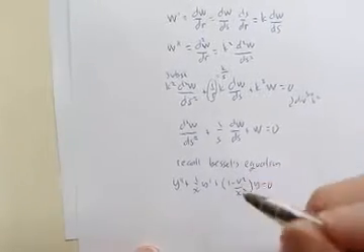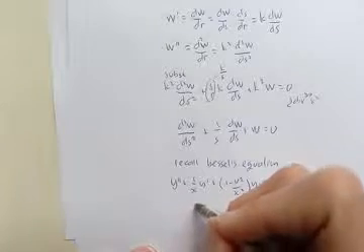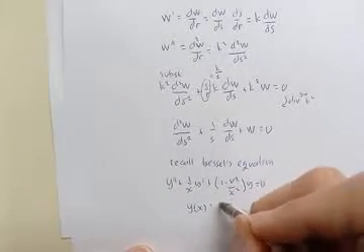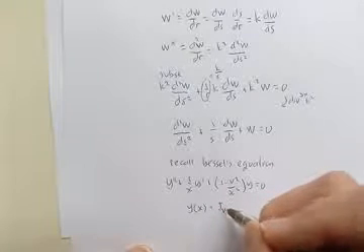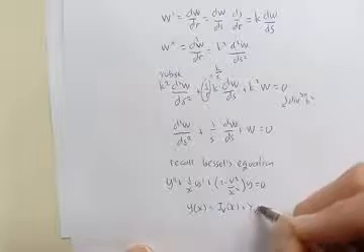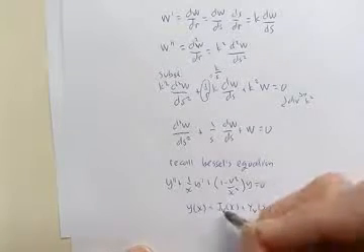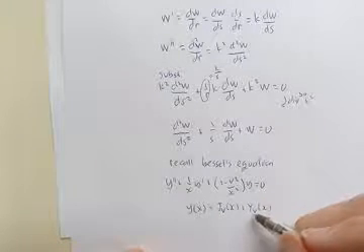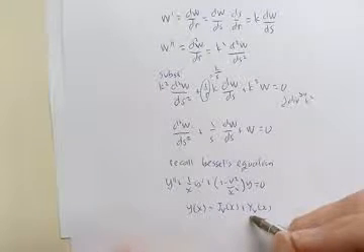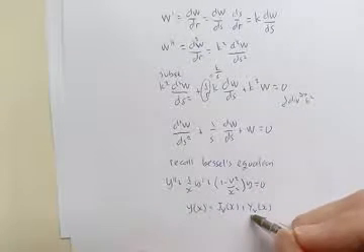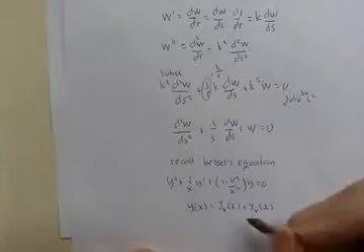With this equation, we'll have the solution y of x equal to J sub v of x plus Y sub v of x. This is the Bessel function of the first kind, and this is the Bessel function of the second kind.